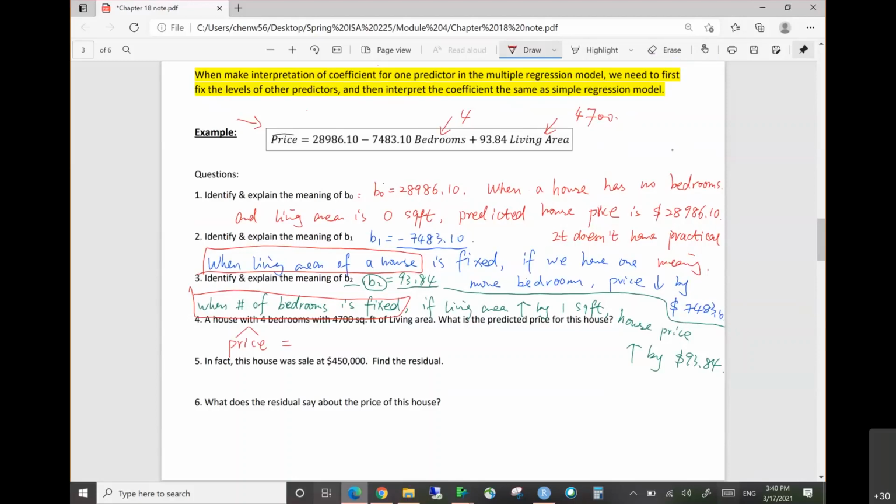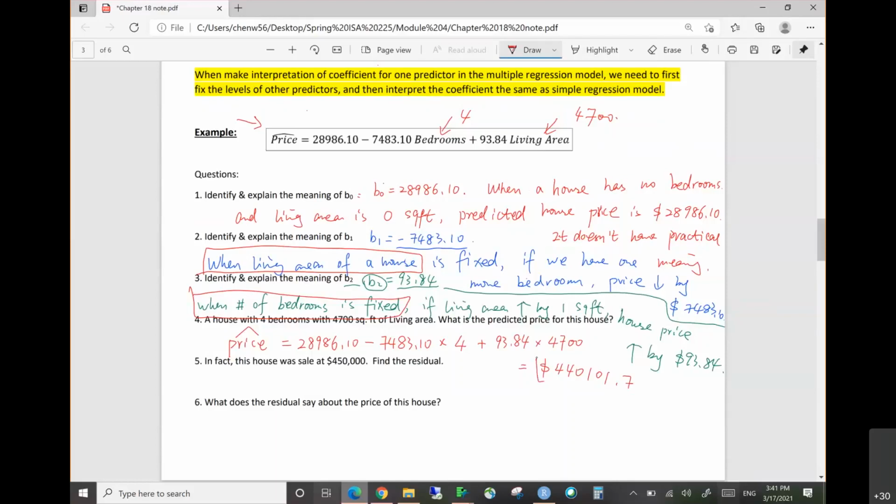So we have 28986.10 minus 7483.10 times 4 bedrooms, plus 93.84 times 4,700 square feet for the living area, and then you can calculate it as $440,101.7.